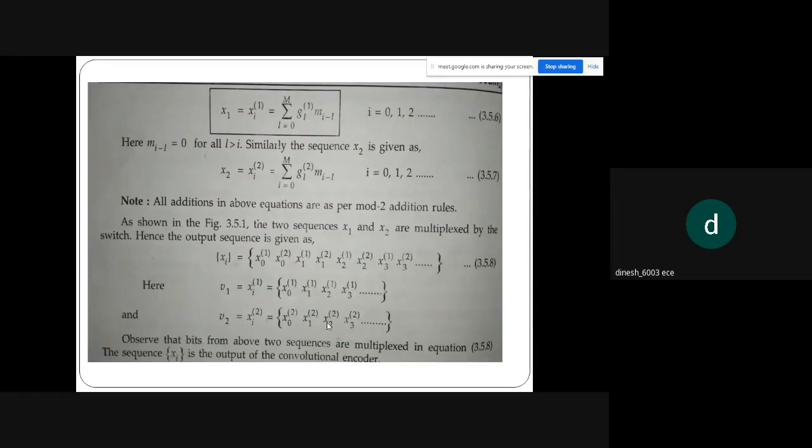Similarly, we can write V2 as xi of 2, which is x naught of 2, x1 of 2, x2 of 2, x3 of 2 till the last, where this xi is the output of the convolutional encoder.